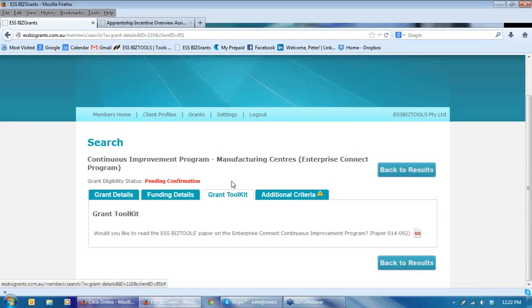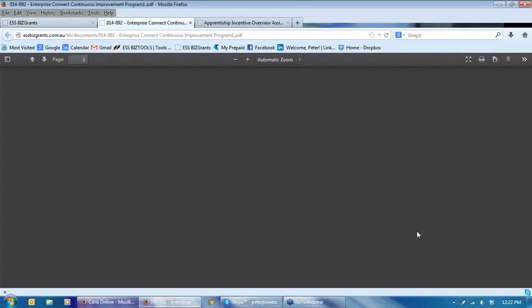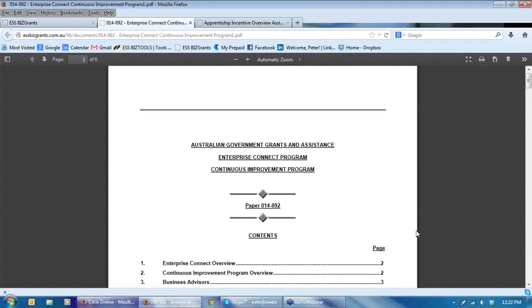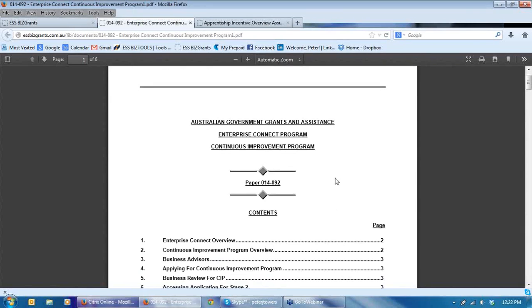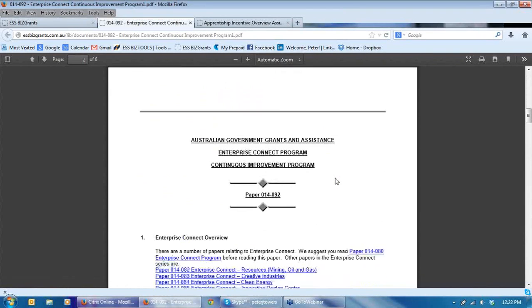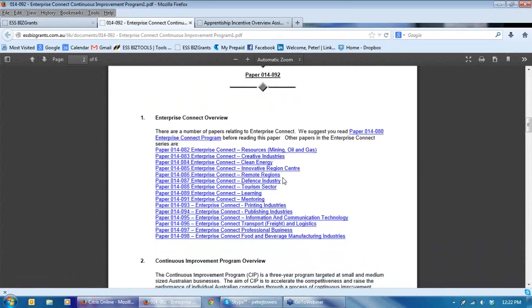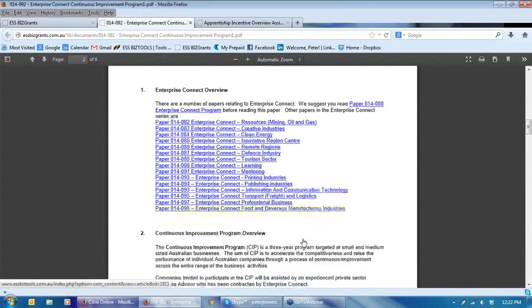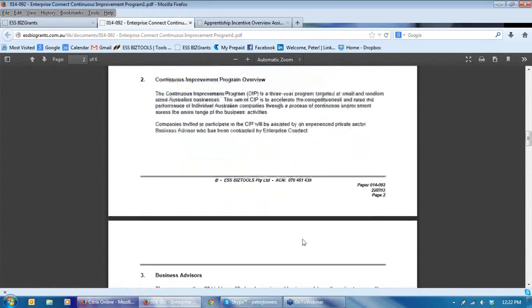If you want to have a look at the grant toolkit, you can access the paper which discusses the Enterprise Connect Continuous Improvement Program. So you could look at that, and you see there's a whole range of other Enterprise Connect programs in a wide range of industries. Very popular grant this.